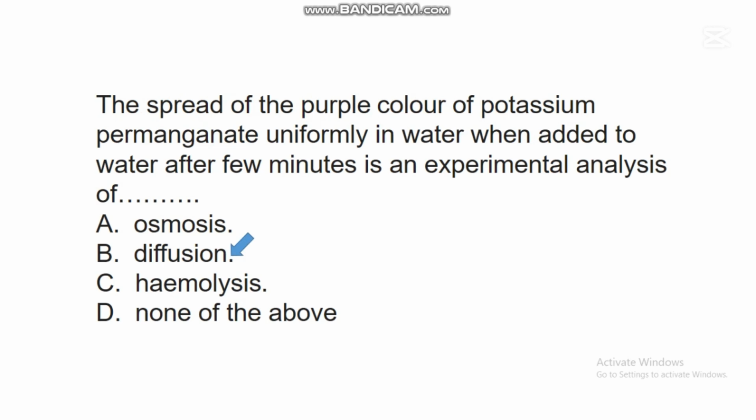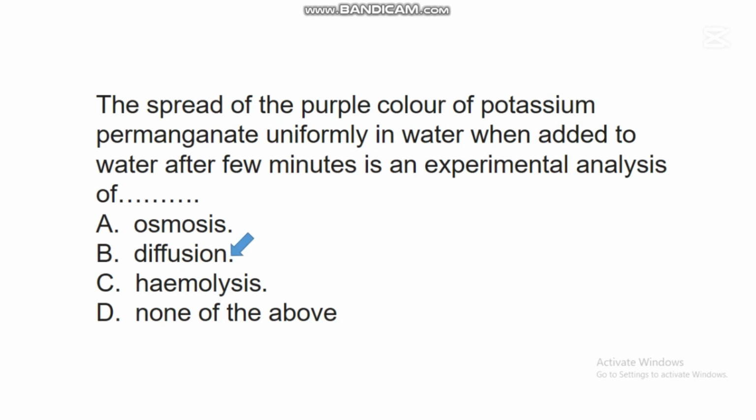Diffusion. Well, scientists have done a research with a chemical compound known as potassium permanganate, and they put this chemical into water. So when a scientist puts this chemical that has a purple color into a beaker containing water, what will happen is that after some time, the purple color of this chemical will mix uniformly with the water, thereby making the entire water have a purple color.